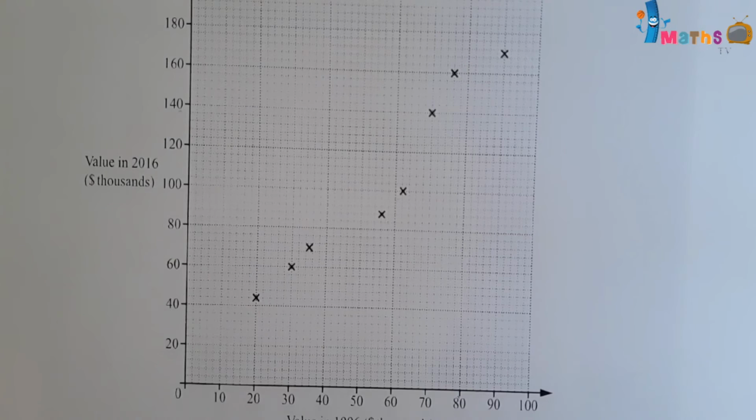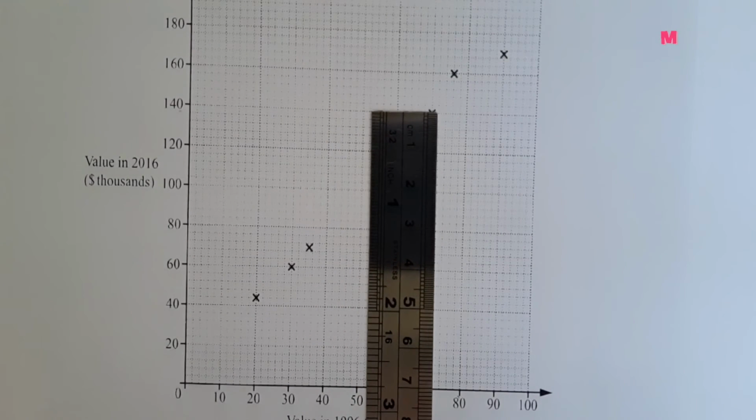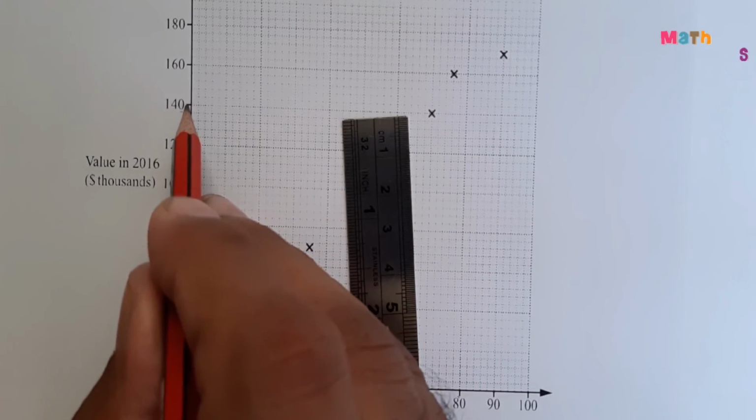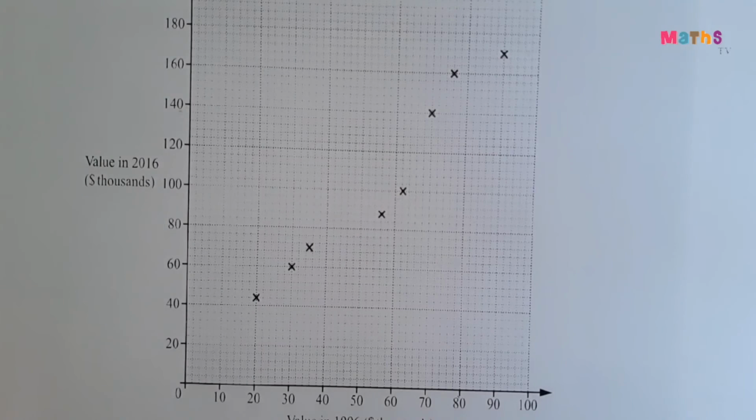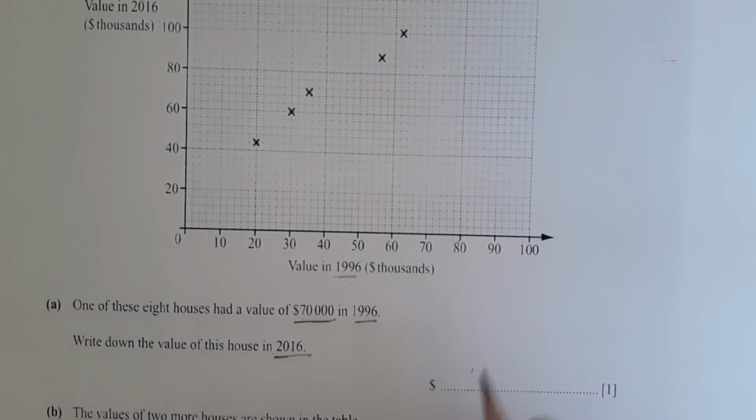So 70,000 is here. If we try to trace that house, 70,000 will be this one, and it has 140,000 in 2016. So we will write $140,000.